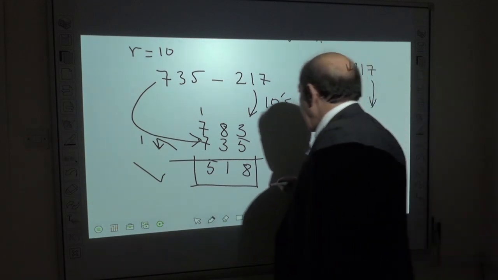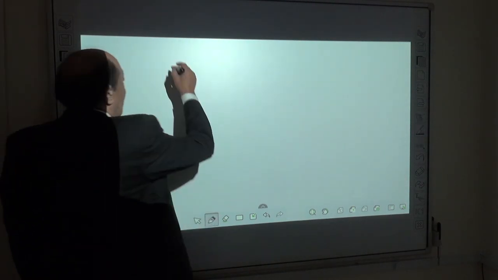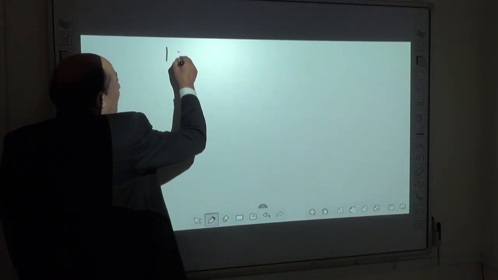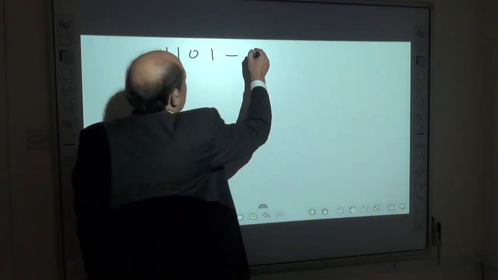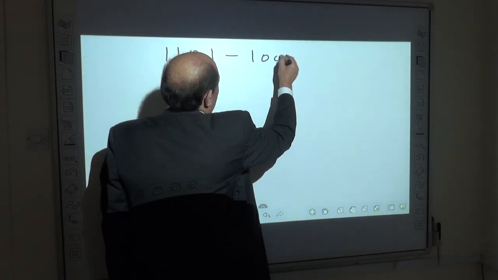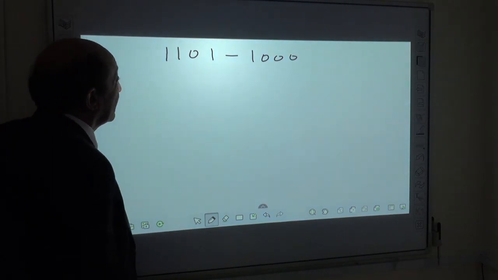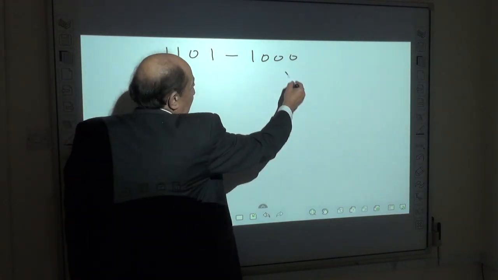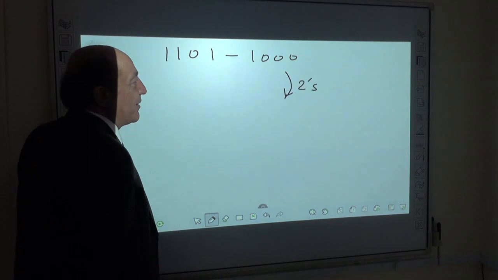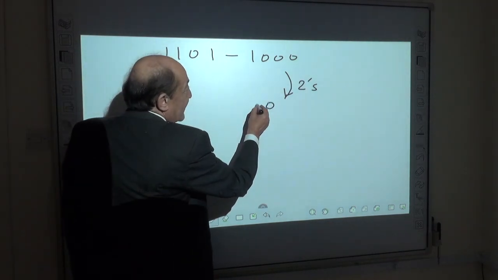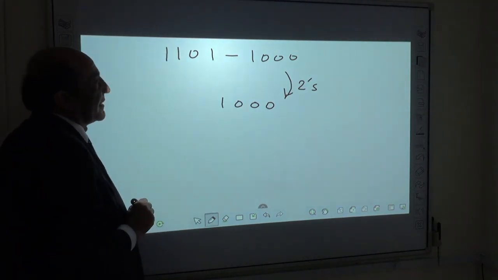In binary it is the same. We do the same. For example, if we have the number 1101 minus 1000, we find the 2's complement of this number: you see 0, 0, 0, and the first non-zero digit remains as it is.